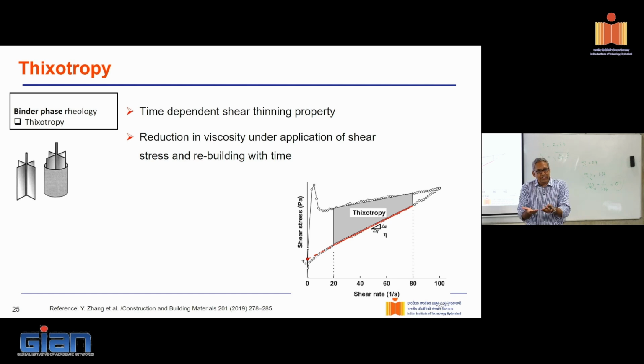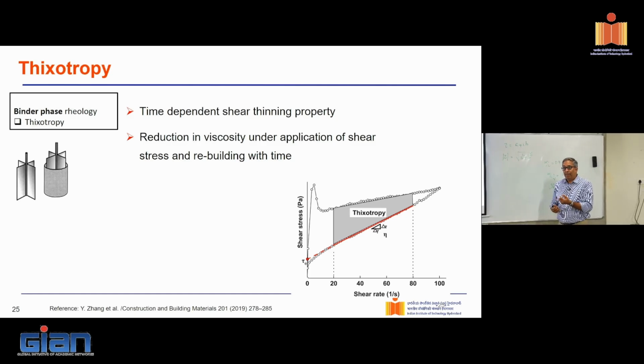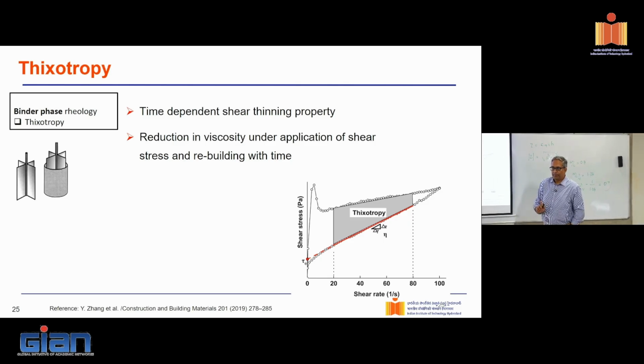And we saw that yield stress relates to the slump. If I have higher yield stress, what will happen? The slump will be smaller. It'll keep its shape, right? So the internal structure that I have in the cement paste relates to the shape keeping ability of the cement, right?